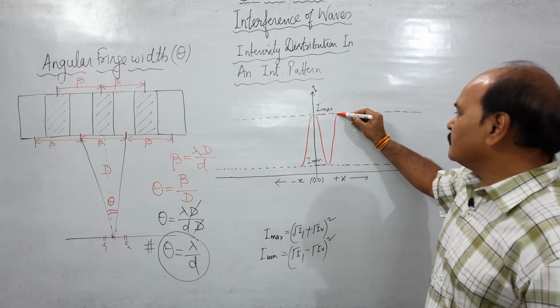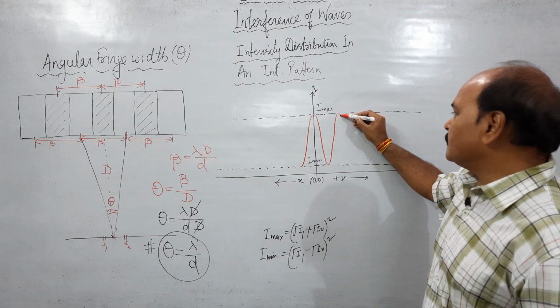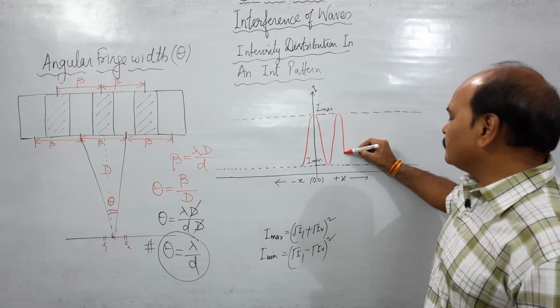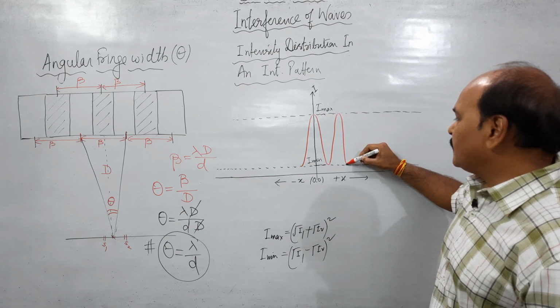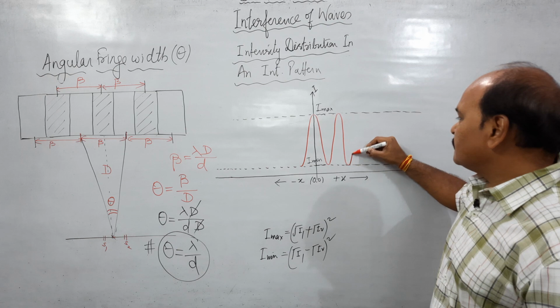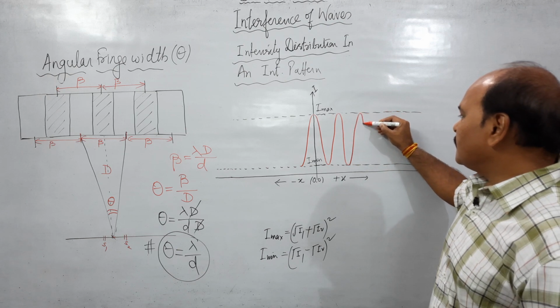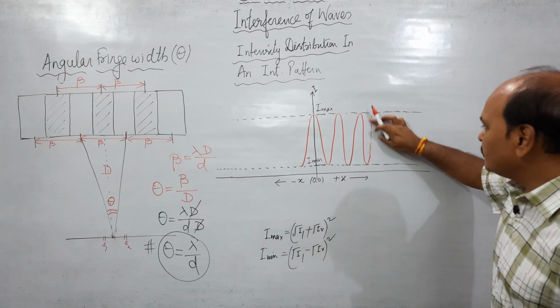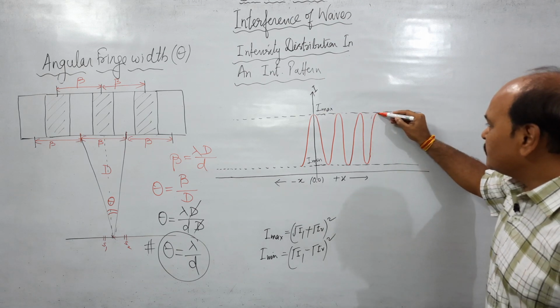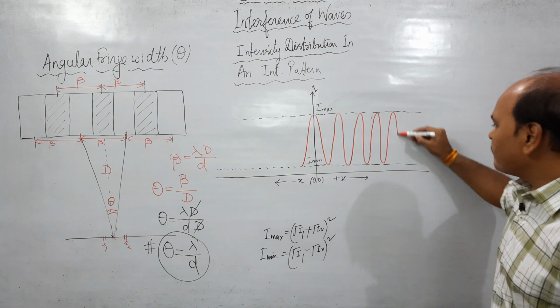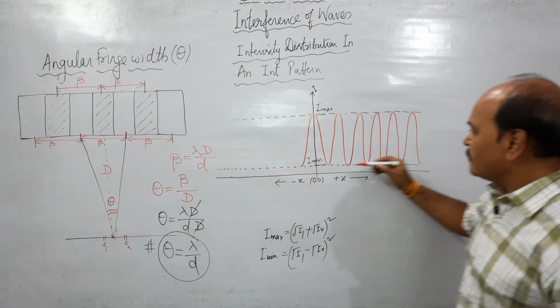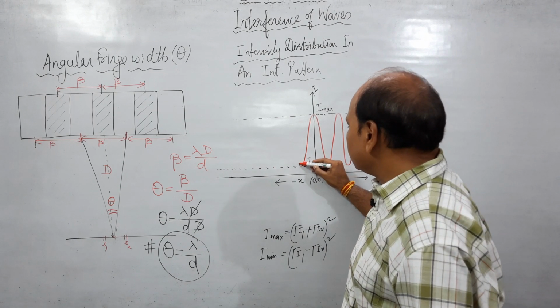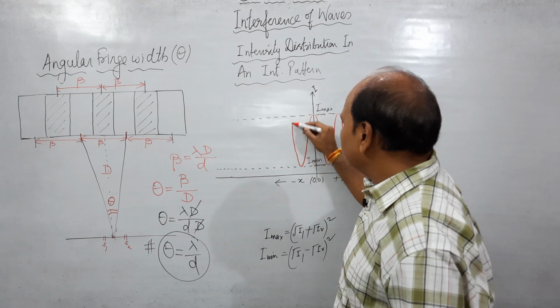This is the second maxima, and then it decreases and becomes 0, minimum, and then again it rises and becomes maximum, and decreases, and the process continues. That's how the intensity increases as well as decreases. The same is the pattern on the other side.